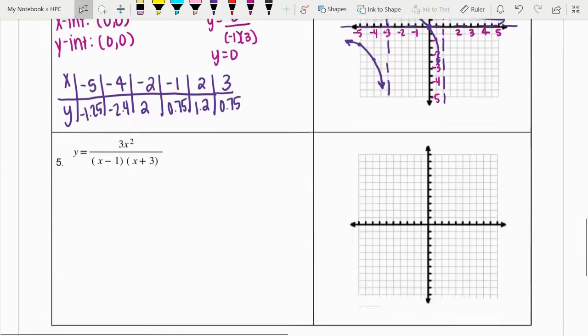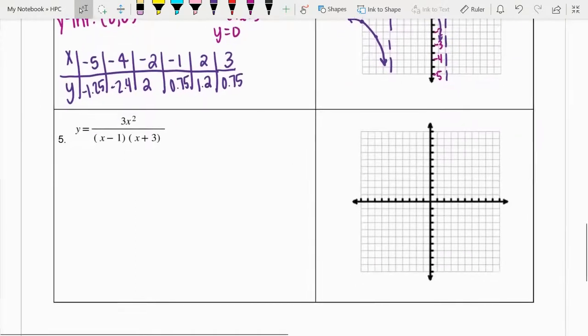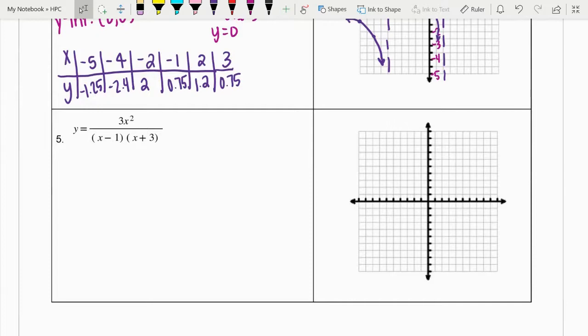Moving on to number 5, we have y equals 3x squared over x minus 1 times x plus 3. So looking at our numerator, we have degree of 2, and looking at our denominator, we have degree of 2 as well. So when they match, that looks like our example A from the beginning.